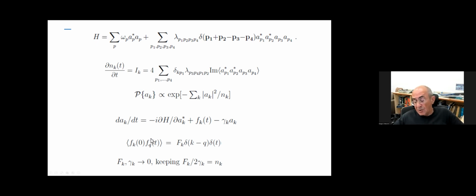In equilibrium, it's totally legitimate because this is just what you get if you substitute n_k equipartition. But surprisingly, the equation obtained in this form also has a turbulence. Maybe not surprisingly, but just to say that it's far from evident that the equation obtained in this way of introducing chaoticity has a very far from equilibrium solution. That's what Zakharov found.